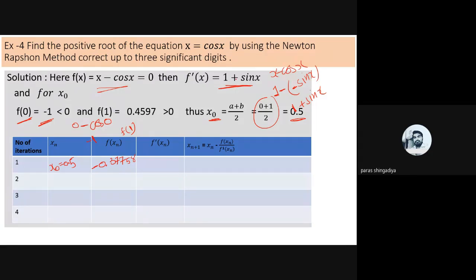So 1 plus sin of 0.5. You will get 1.4794. That is the value. Now write the formula of x1, otherwise directly replace the data as per the formula and check the answer directly.